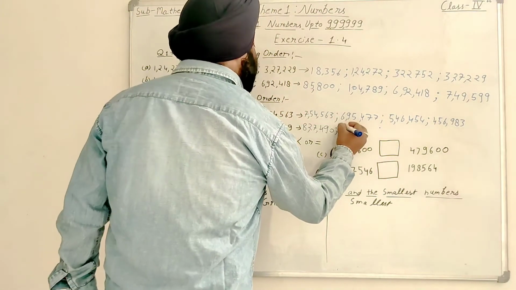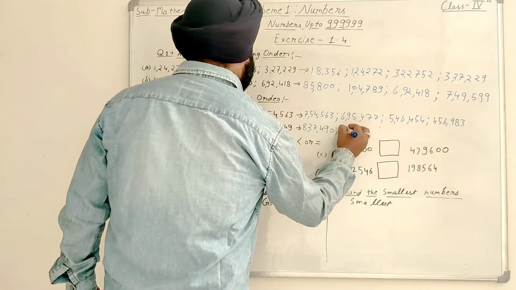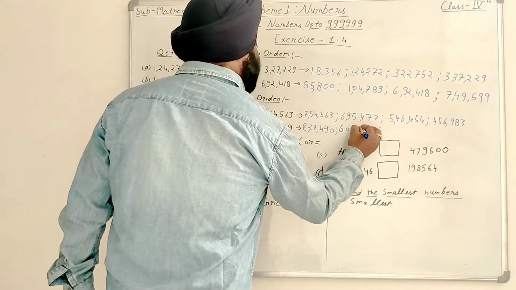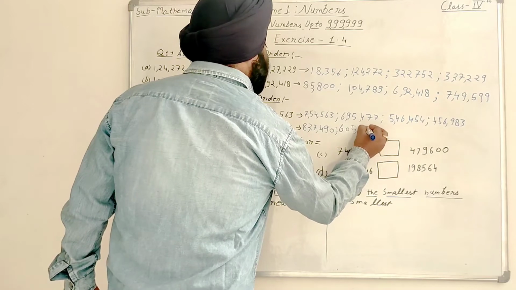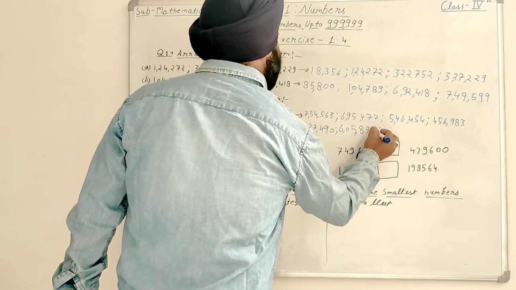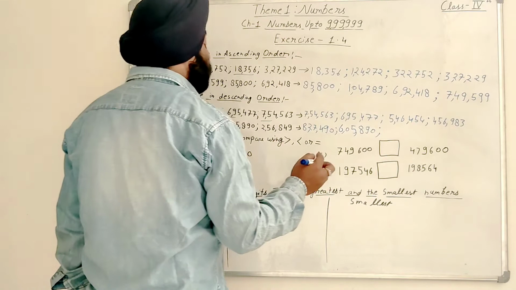Then 6 lakh comes second. Then 4,09,283.